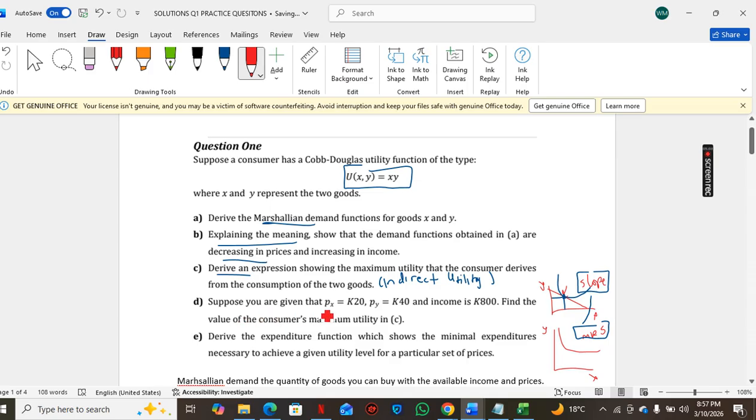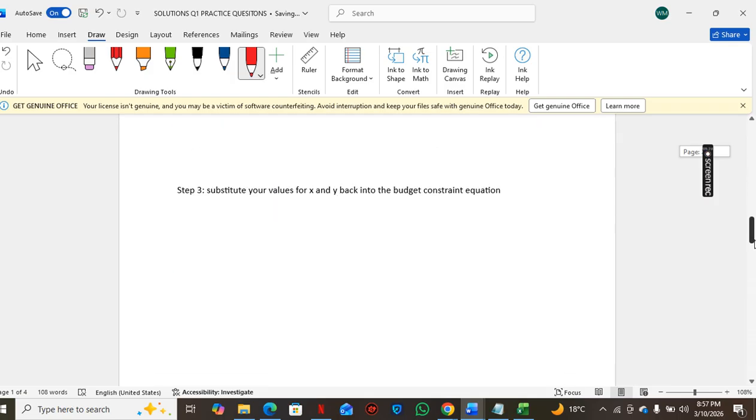Suppose you are given px equals 20, py equals 40, and income is 800. Find the value of the consumer's maximum utility in C. Okay, so we've been given values px, py, and 800. Okay, so income is 800.